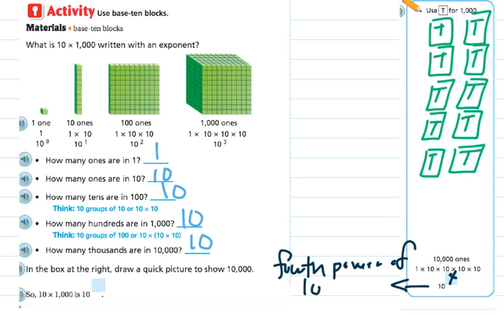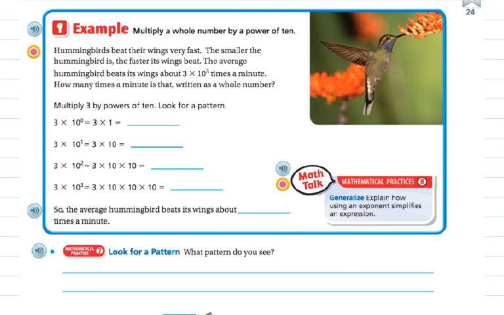And when we would evaluate that, we would get 10,000. So we're going to go on to our next part of our activity, which we're going to be dealing with a different example before we expand our ideas about representing powers of 10 and exponents.